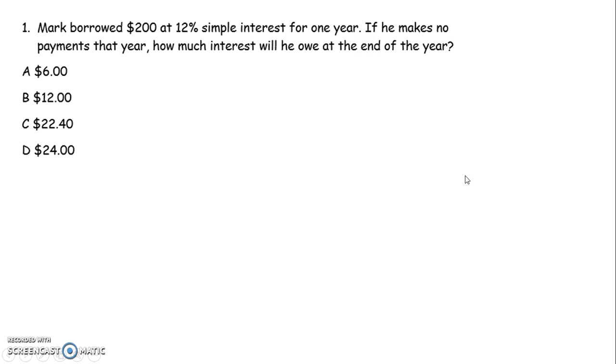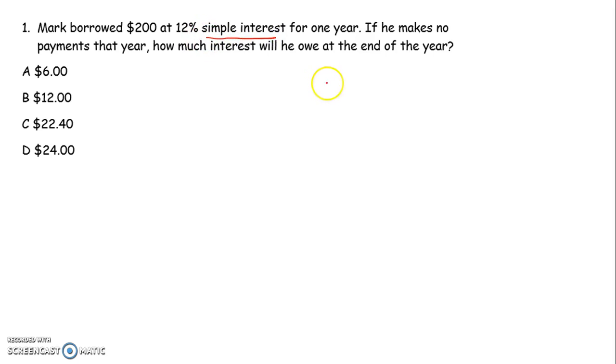Let's take a look at some actual problems. It says Mark borrowed $200, at 12% interest for 1 year. If he makes no payments, how much interest will he owe at the end of the year? So they're just looking for a straight amount of money extra that he owes at the end of the year.